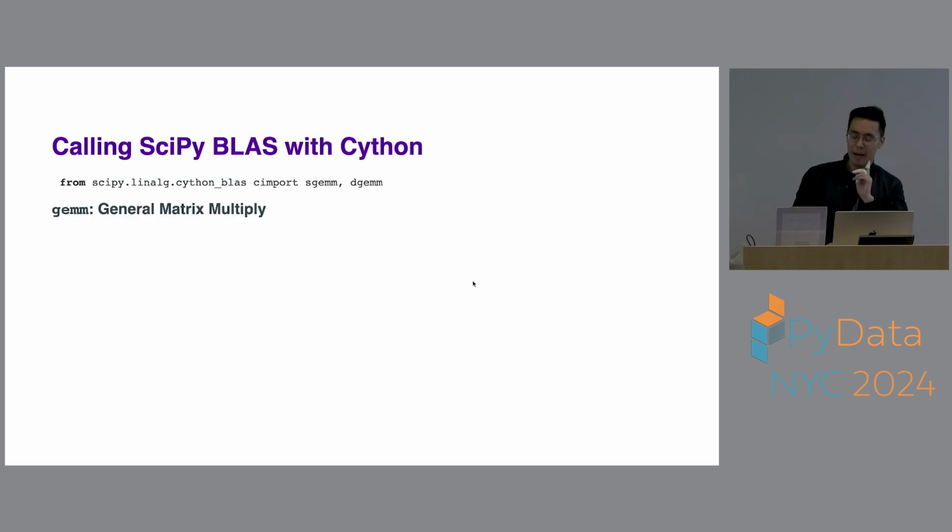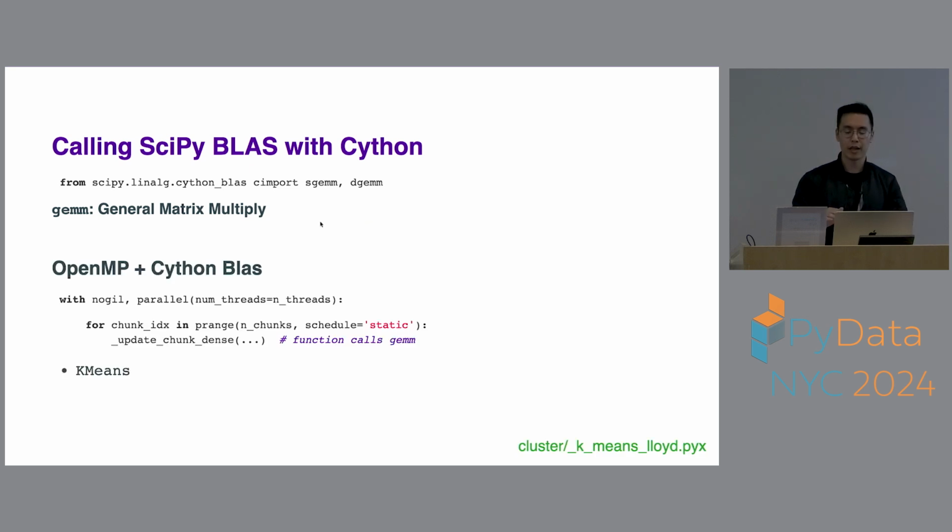We also call SciPy BLAS from Cython. You can see we import things from cython blas. This is a general matrix multiply, and then you can use it. One of the ways we use it is in combination with OpenMP. This is using prange here, and internally it uses the general matrix multiply.